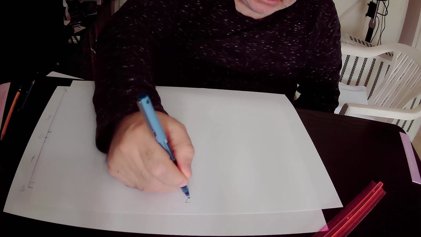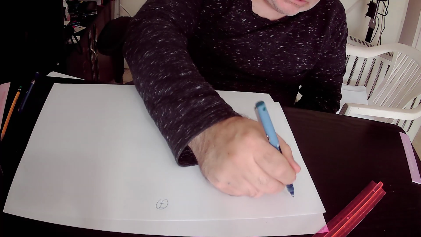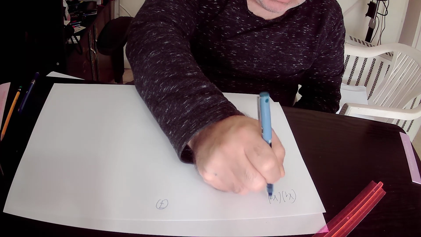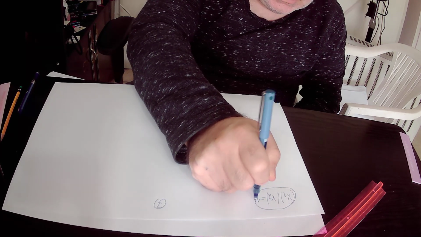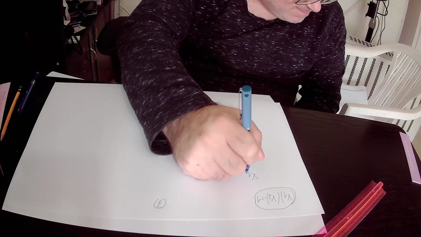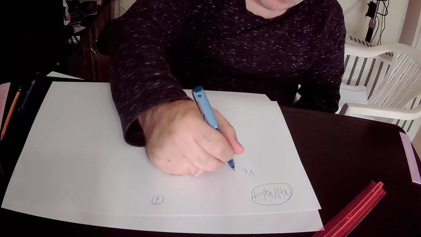I'll repeat again. We found out that x1 times x2 equals 1. What does it mean? It means that x1 is the inverse number of x2.